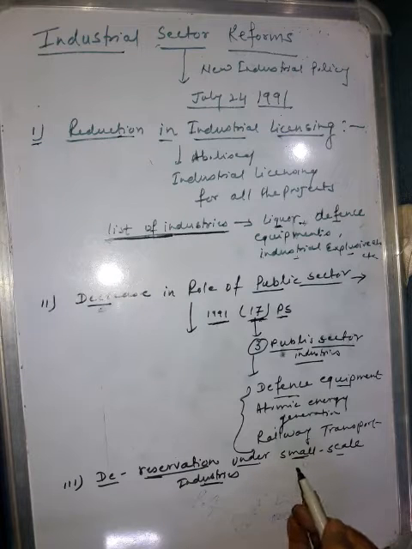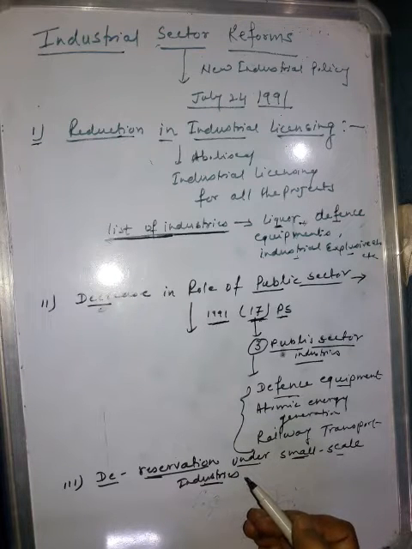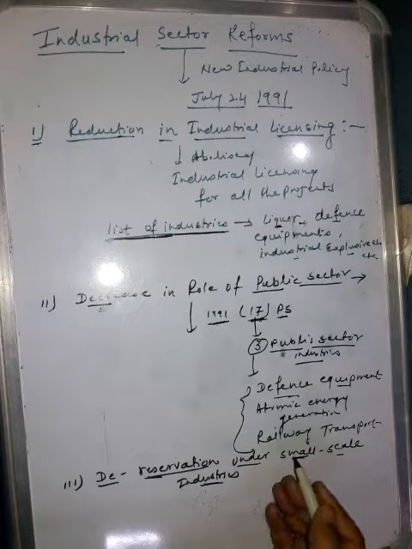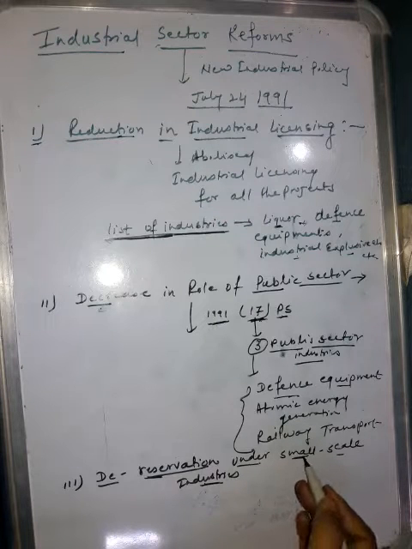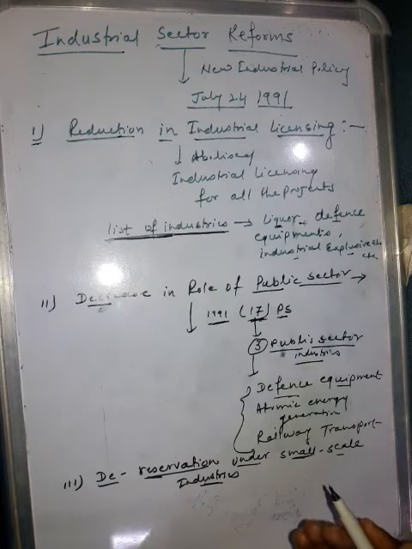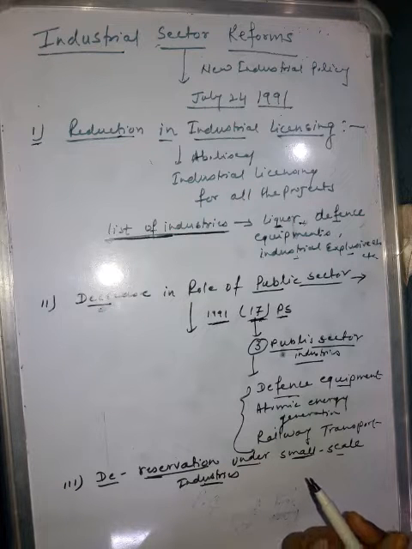In many industries, the market was allowed to determine the price through forces of the market, not by the directive policy of the government. Before 1991, the government measured the price, what would be the price of any goods, and there was a lot of interference by the government.